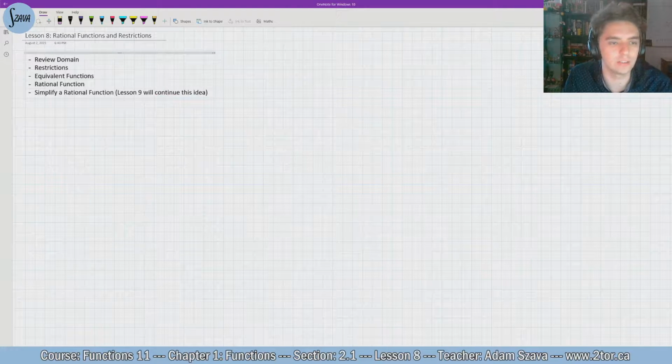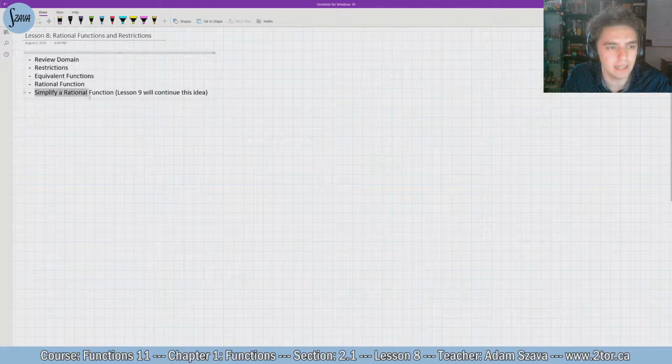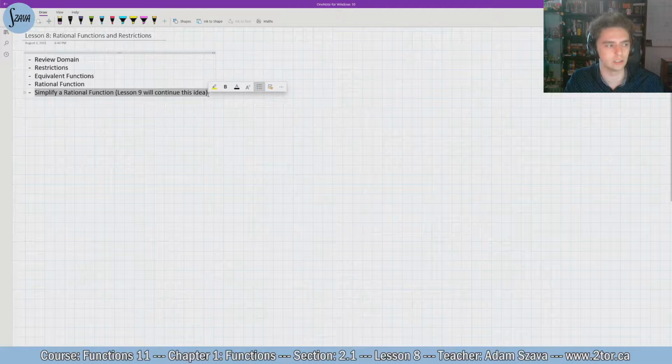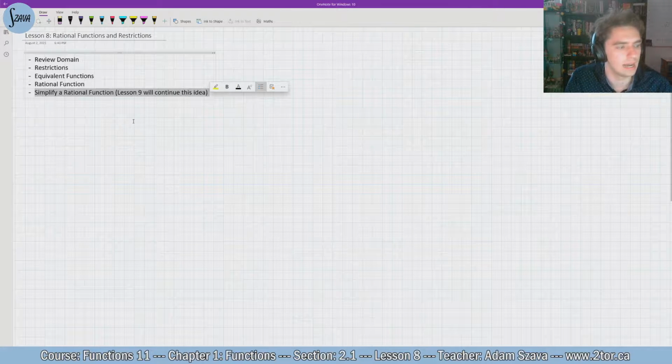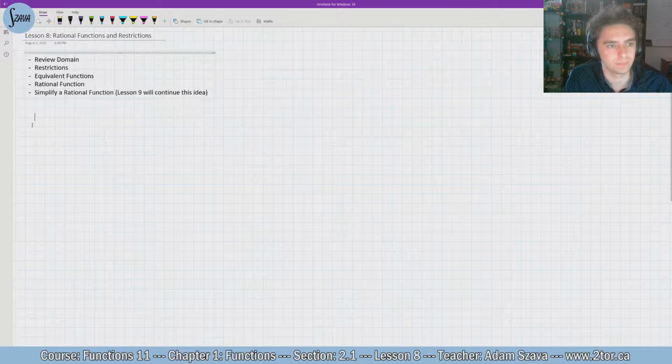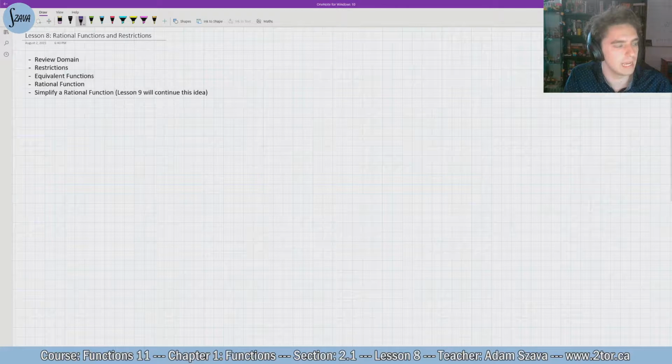If you're confused about that last bit at the end, it's because there's a whole other lesson that's going to cover just this concept, but we're going to start here with it, and we'll remember that for the next lesson. So to begin, let's talk about the domain of a function.